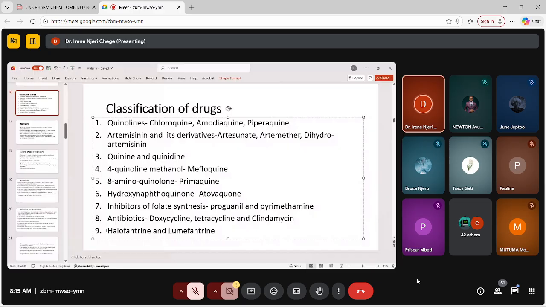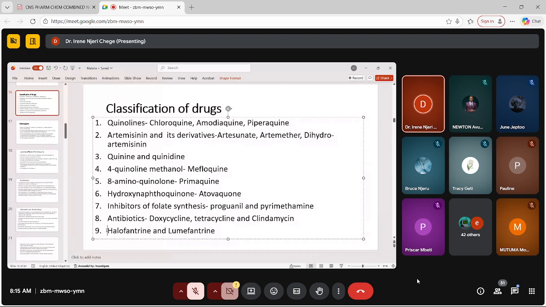So artemisinin-based combination is now the standard of care as of the time we're writing these notes. Remember, we've had many standards of care before. We had chloroquine, we've had SP, sulfadoxine-pyrimethamine. Currently, it is AL, artemether-lumefantrine. So these currently are the leading regimens, and you've seen why.